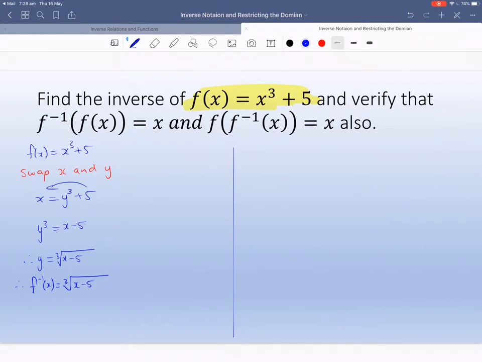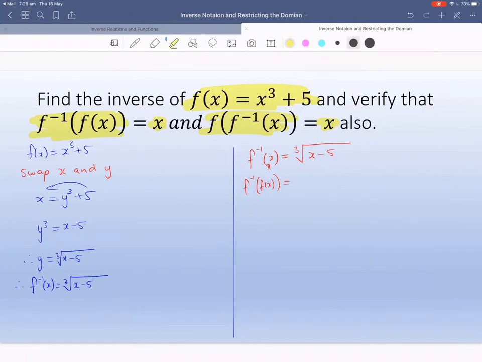Now we've got this situation. We've got to substitute that into that and hopefully we'll get x, and then substitute that into that and hopefully also get x. I'm going to write that out and hopefully you're following. I'm going to write the inverse function again up here so you can clearly see: the cube root of x minus 5. In that inverse function, instead of x, I'm going to put in f of x. What's f of x?